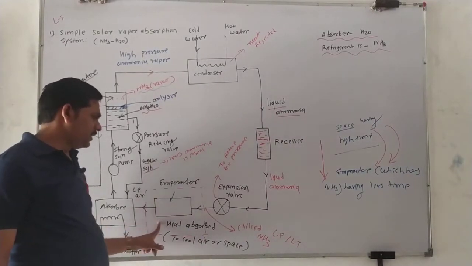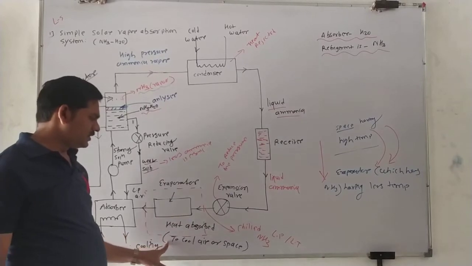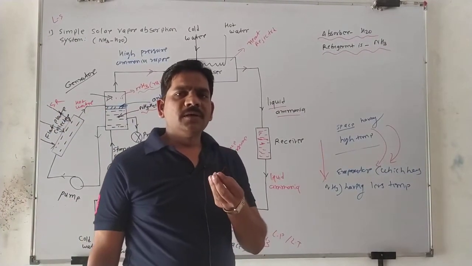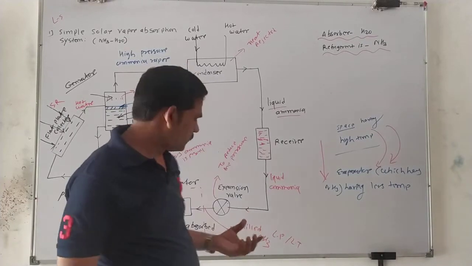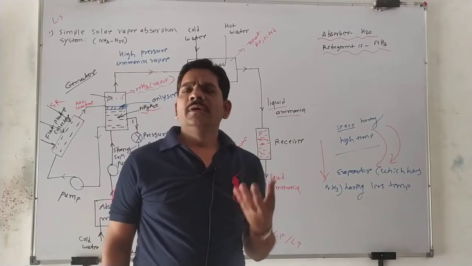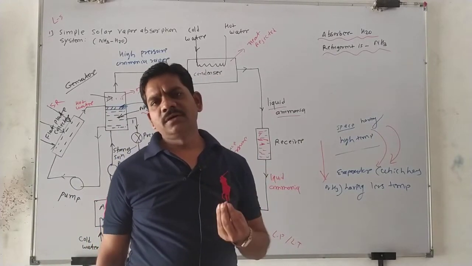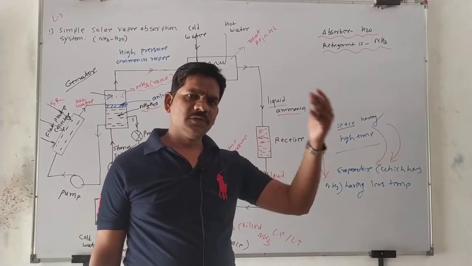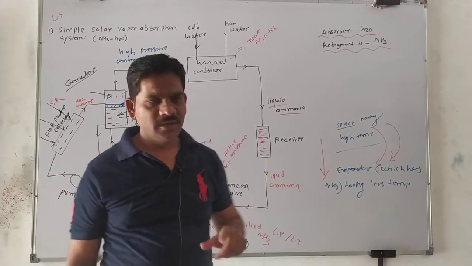After absorbing the heat, this evaporator and this space become cooled, and we get the refrigerating effect. We feel very chilled, with less temperature compared to the surroundings of that particular space.